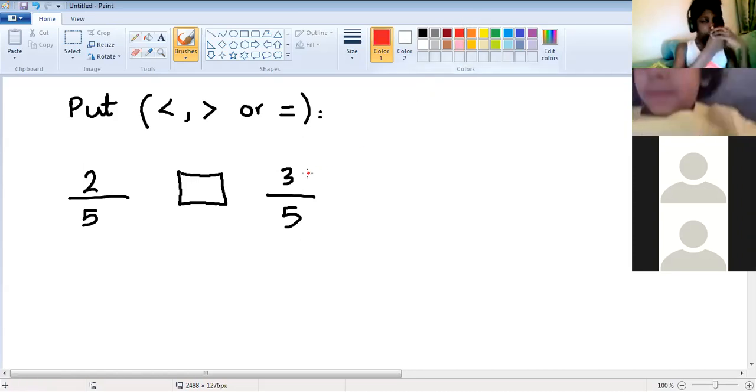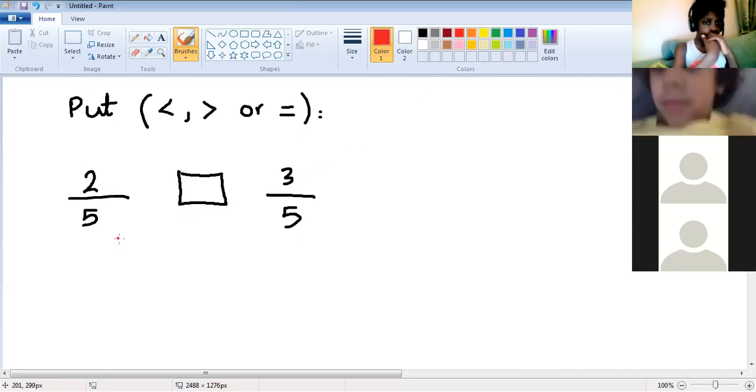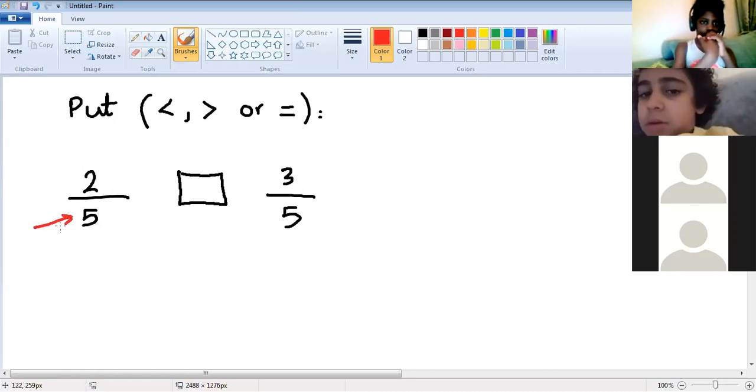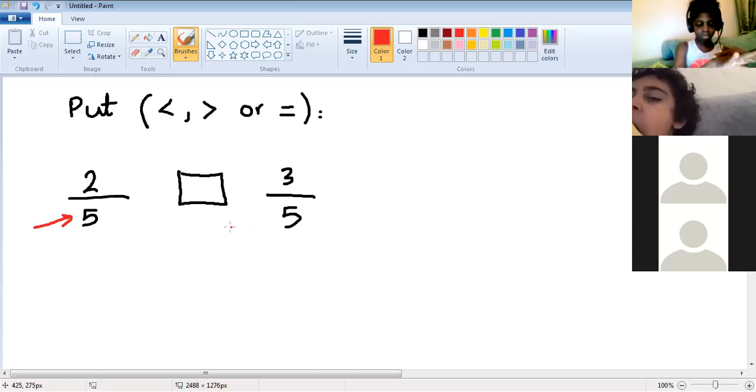Okay, let me ask you, Omar, what is the denominator of the first fraction? The number in the bottom here. 5. And the second one? 5. So they are the same.